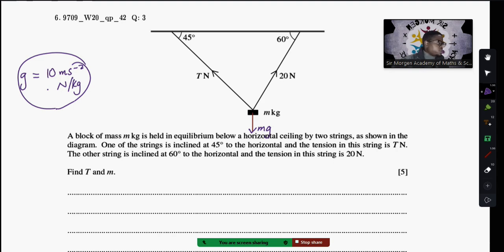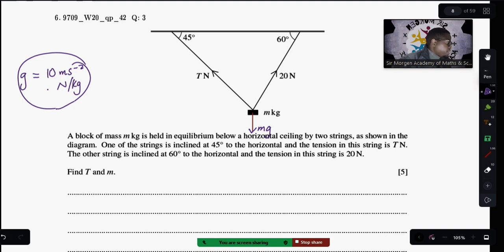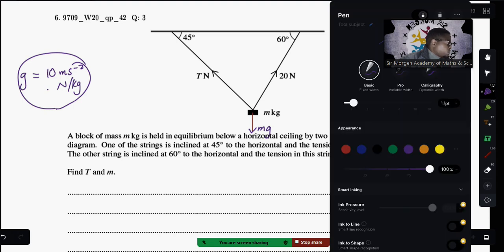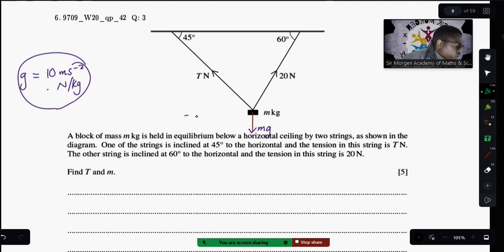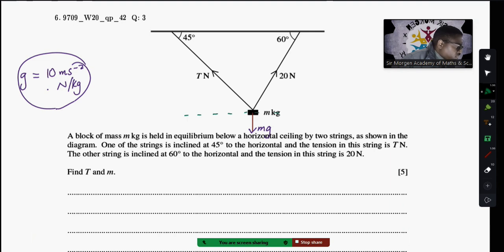Then the other forces are not really along the y-axis or the x-axis, so we need to resolve. How do we resolve this? We can use the idea of similarity here. Let's assume we have our horizontal axis here.